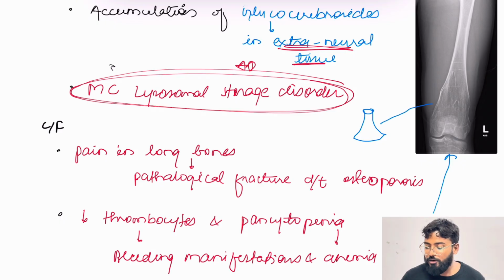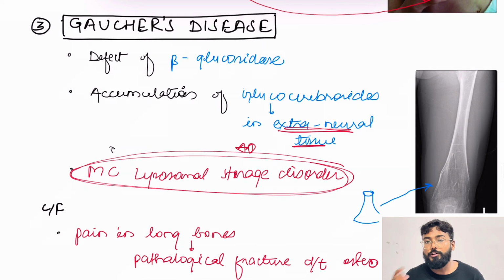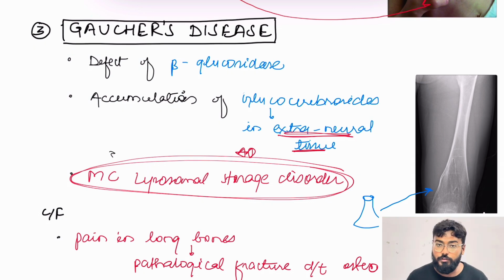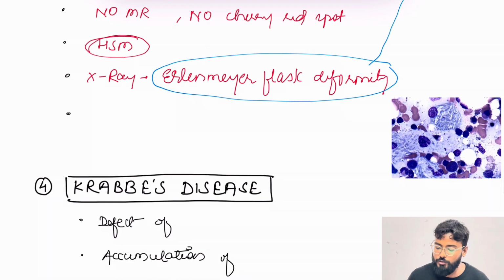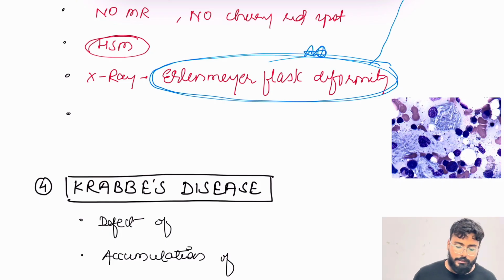So the end of your bone is going to appear like an Erlenmeyer flask. So Erlenmeyer flask deformity is what you are going to see on X-rays in case of Gaucher's disease.